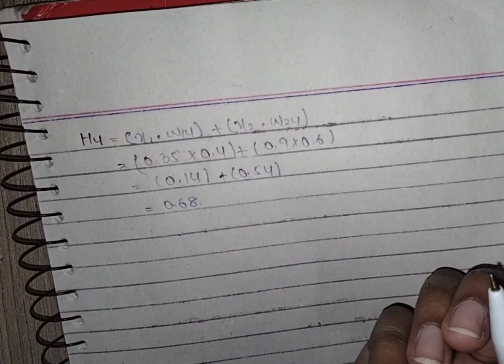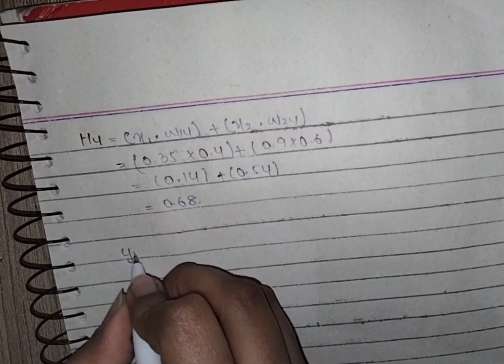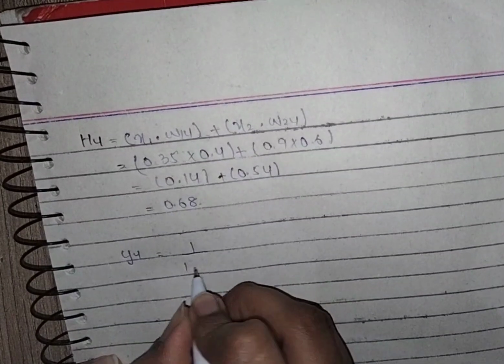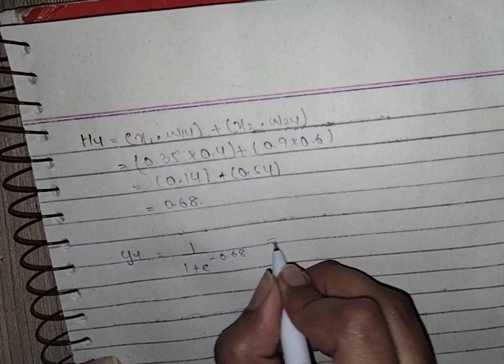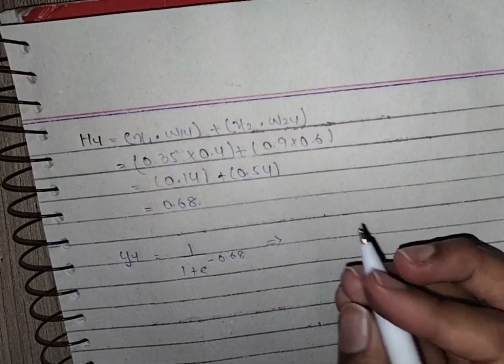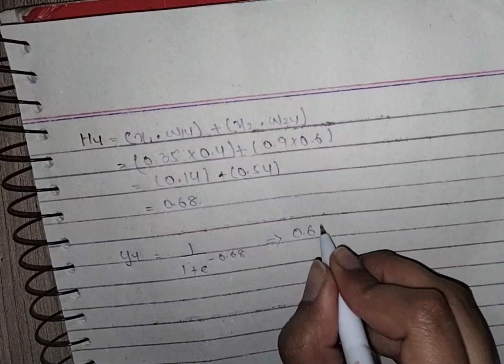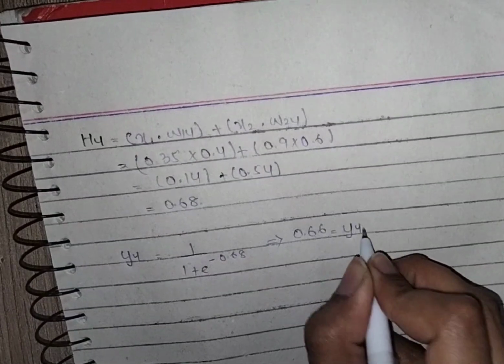Now applying the activation function again, y4 is equal to 1 over 1 plus e to the power minus 0.68. Again, solve the equation using the calculator as I described before, so the answer will be 0.66 for y4.